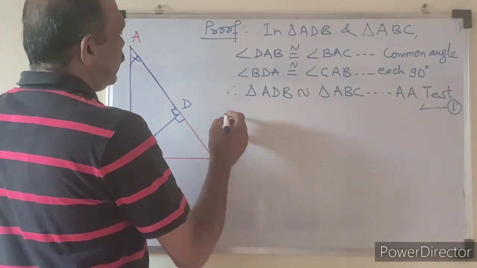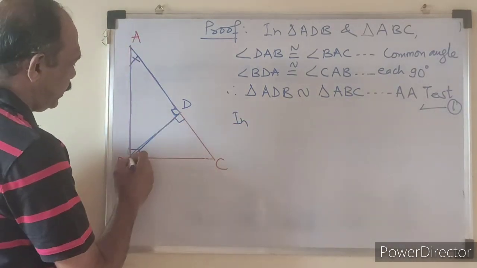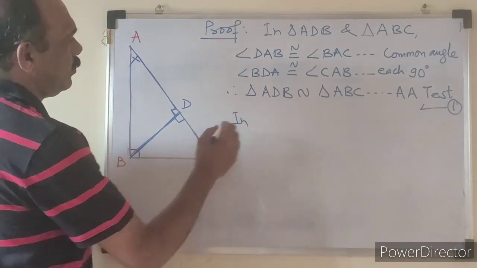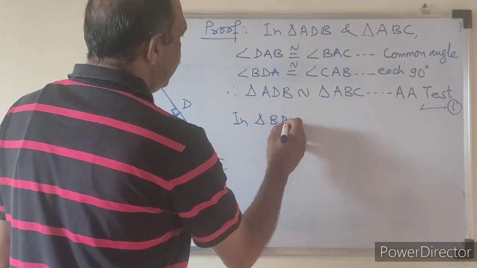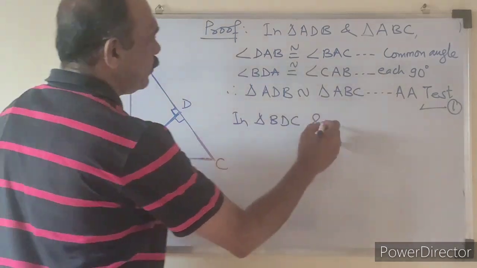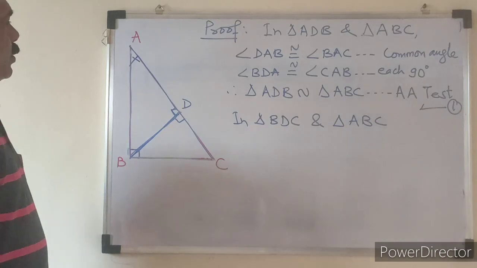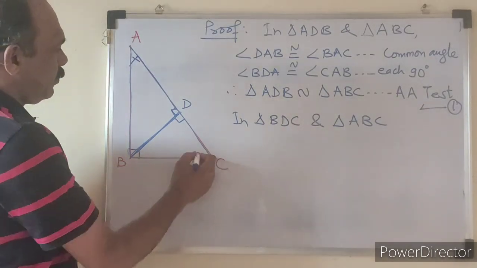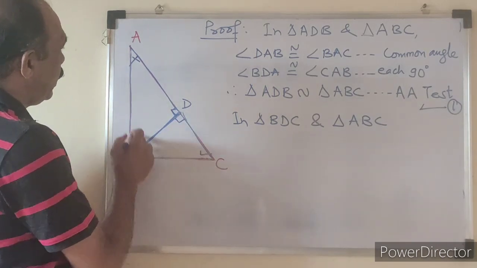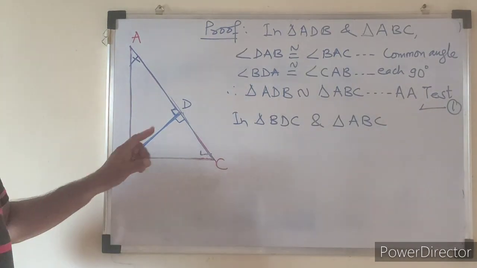Now, the second point. Now see here, triangle BDC. This triangle we consider as the second triangle, triangle BDC. In triangle BDC and original triangle ABC, again, angle C is common to both triangles.